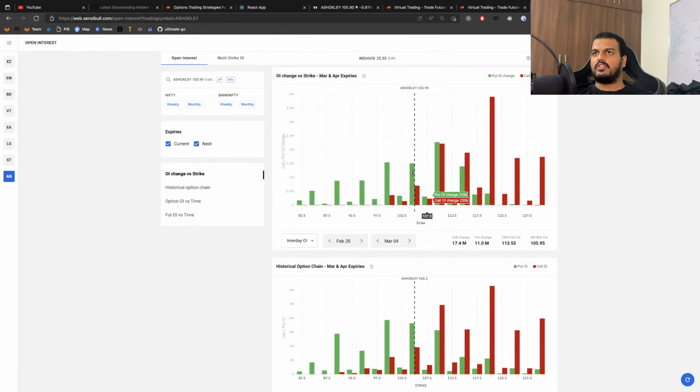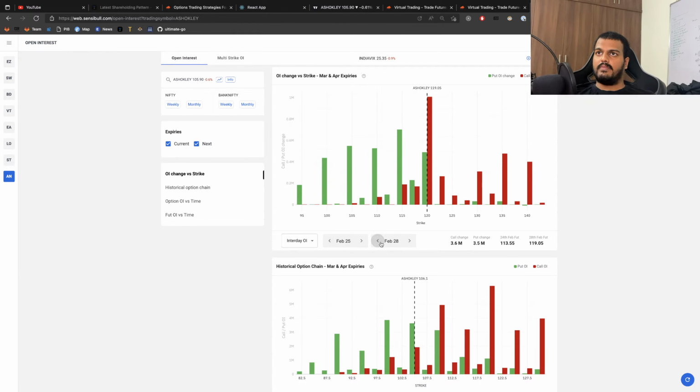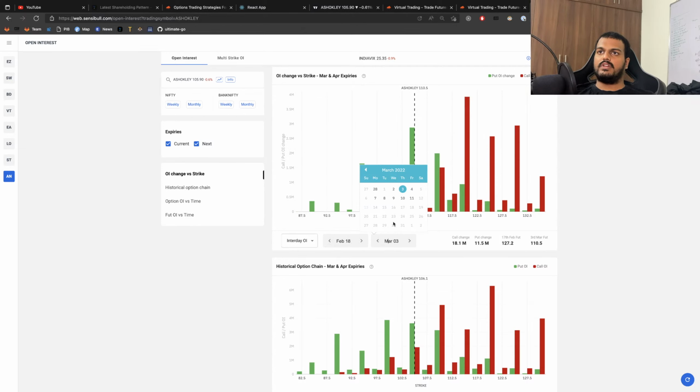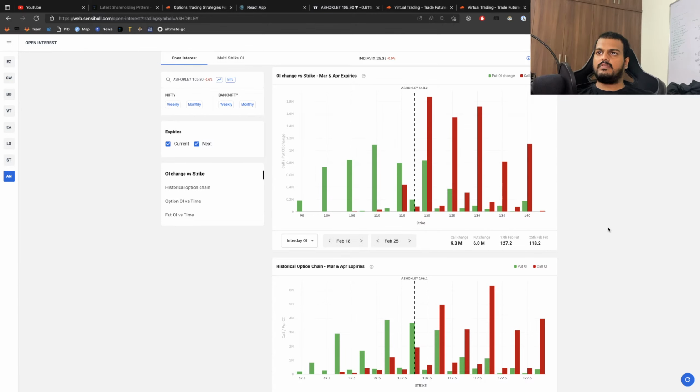And here there are a lot of puts which are created, in the money puts. And if I go back, this 120 is also becoming 110, so many people might have exited. And again, let's go to 125 now. 120 again was a strong resistance, and 110 was not, and 110 was a strong support back then.